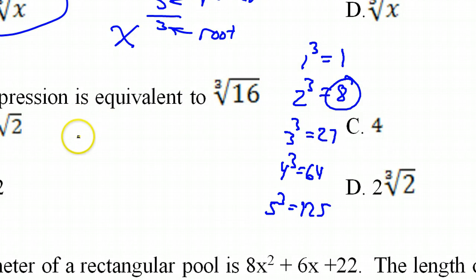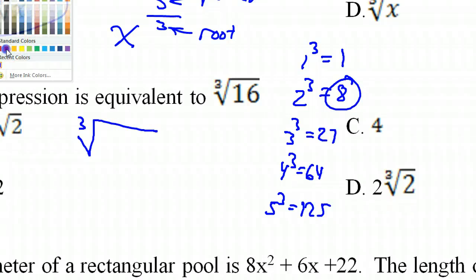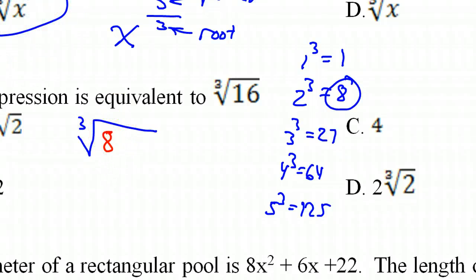So we can take our cube root of 16 and split it up. 16 is 8 times 2. I'll put the perfect cube in red so it stands out and you can follow it. If you ignore the times 2 part, I've got the cube root of 8. What's the cube root of 8, guys? The cube root of 8 is 2, since 2 is where it came from.